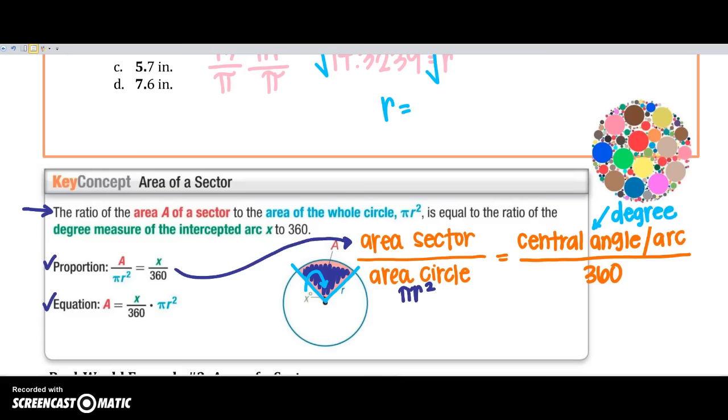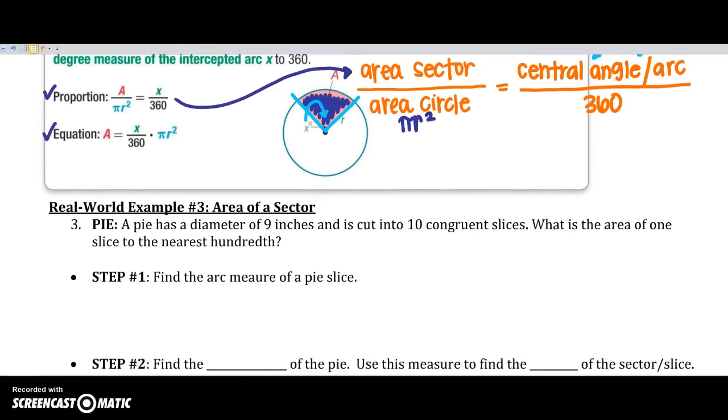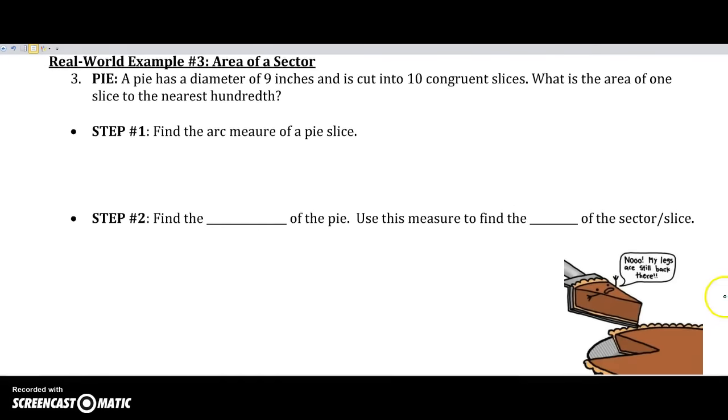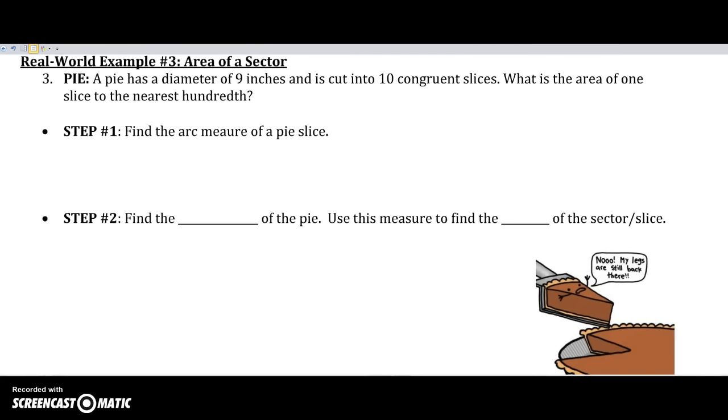All right, let's try some using that formula. A pie has a diameter of 9 inches and is cut into 10 congruent slices. What is the area of one slice to the nearest hundredth?